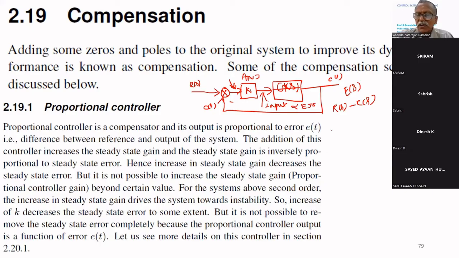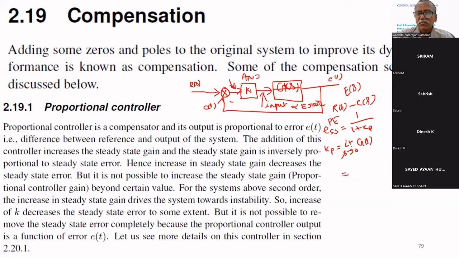What is the steady state error for a type 0 system? E steady state equals 1 upon 1 plus Kp, where Kp is the position error constant. The steady state error for a step input, that is the position error, is 1 by 1 plus Kp. Kp equals limit s tends to 0 of G of s.